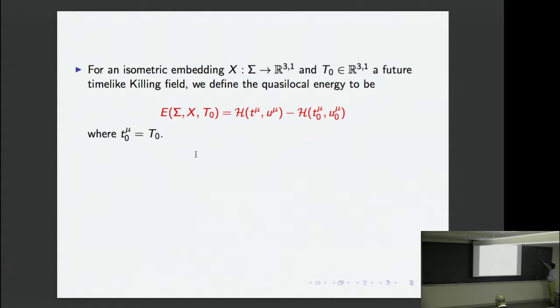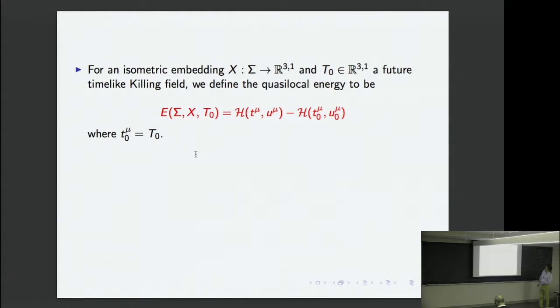It's this T naught mu here. I take its normal part, and I normalize it. So this is a future timelike vector field. I restrict to my surface, I take the normal part, and I normalize it, so it's going to be a normal vector field.